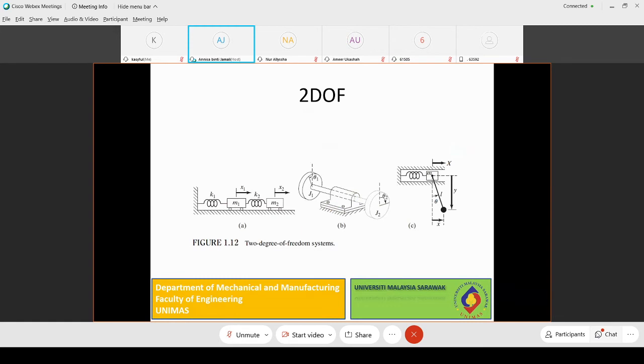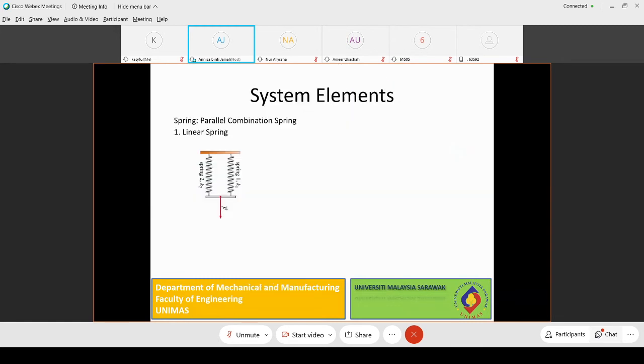Okay, so now we have defined the energy for the main elements in the system. So let's have a look specifically at the first one, the spring.